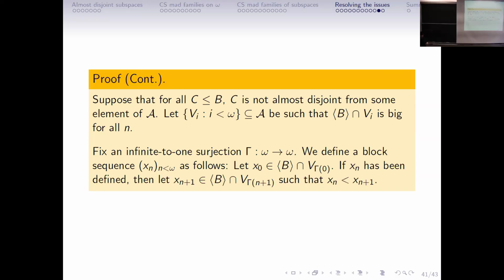Then I'll choose xn plus 1 the same way, but I just need to make sure that this is a block sequence. In this construction, infinitely many vectors from Vi are chosen because this is an infinite to one surjection. So in particular, this block sequence is compatible with every Vi.